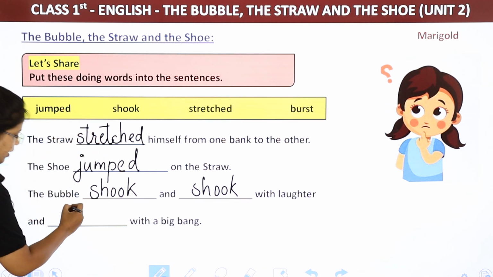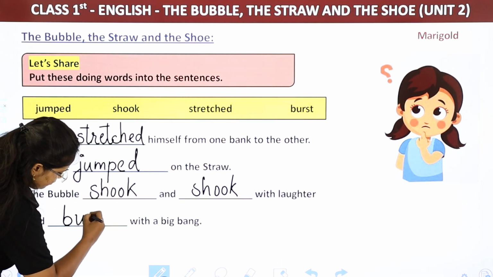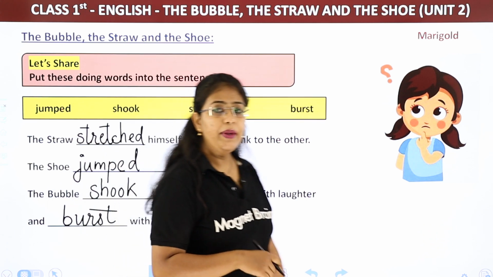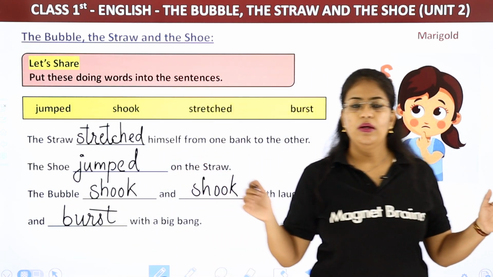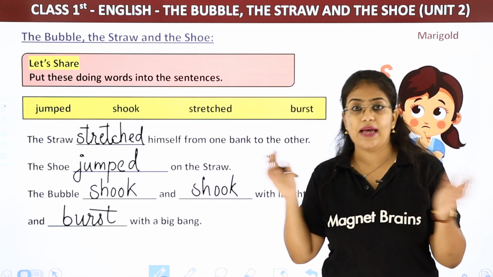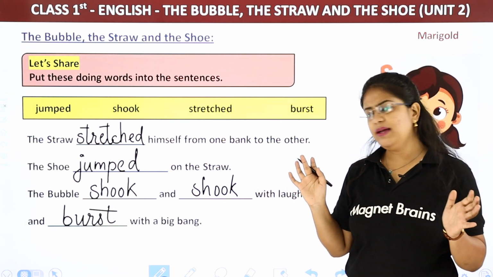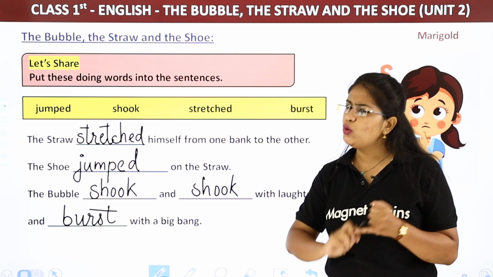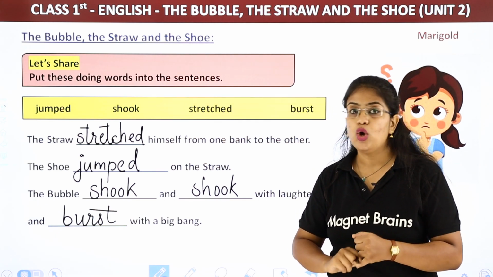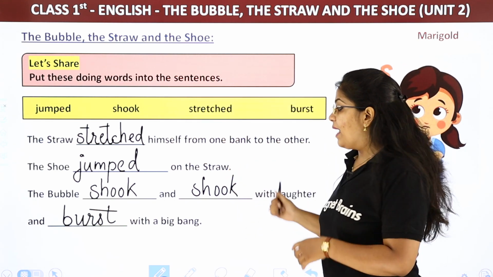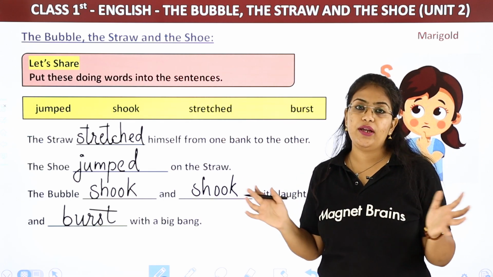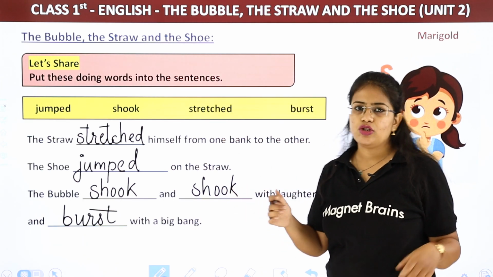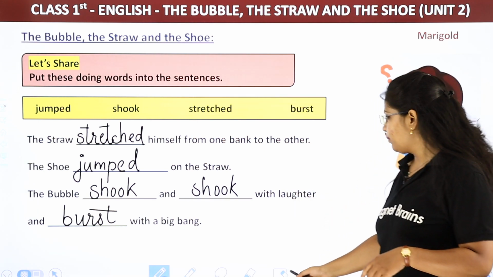And burst with a big bang. Big bang is sound. Loud splash is sound. ठीक है? So जब हमारा शू पानी में गिरा था तब क्या साउंड आया? लाउड स्प्लैश. और जब हमारा बबल फूट गया, at that time it was a big bang. ठीक है? So you have two sounds here.